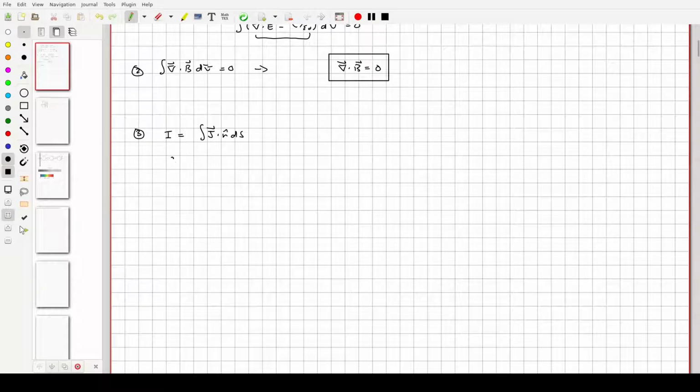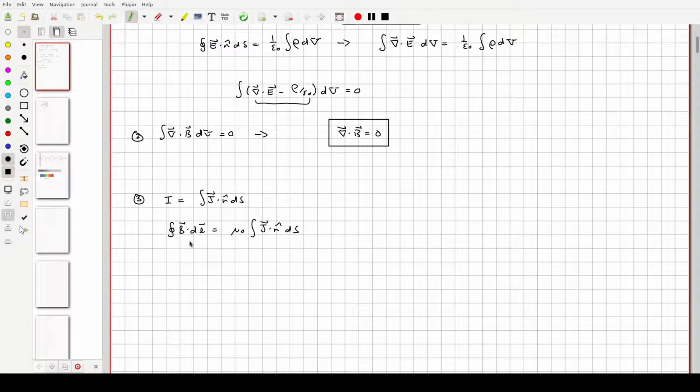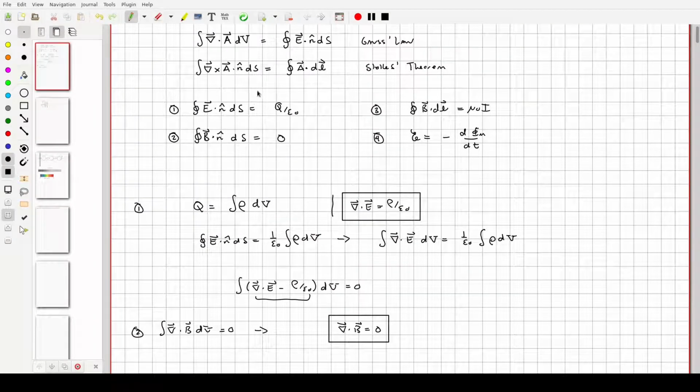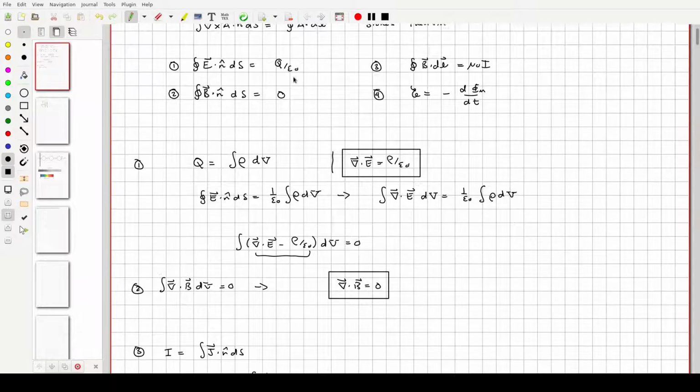And if you look at this, it says B dot dl is equal to mu naught times I, which would be mu naught times J dot n hat ds. Now I want to use Stokes' theorem. Stokes' theorem says that anytime you're integrating a vector over a closed loop, dot dl, you can write it as a curl.